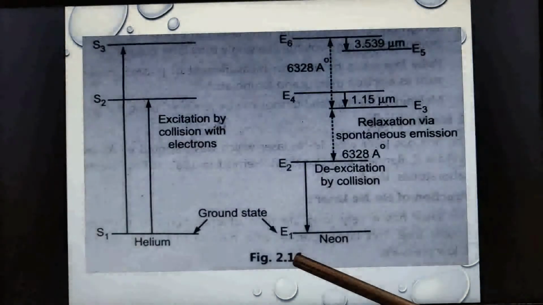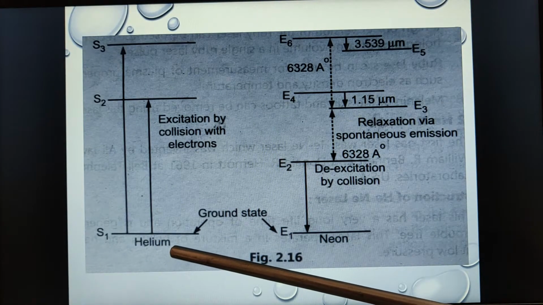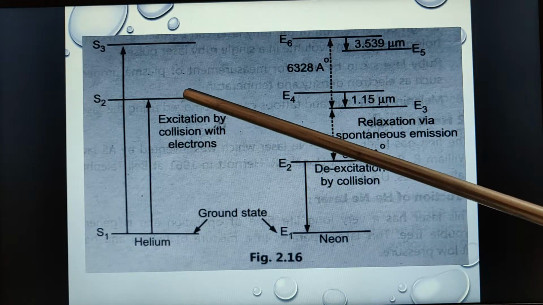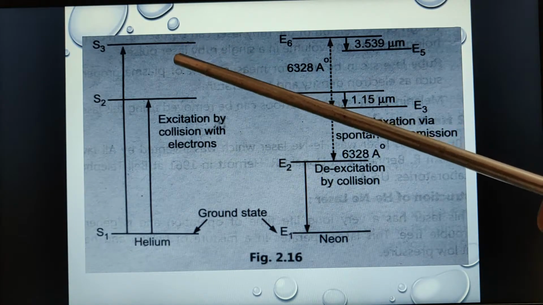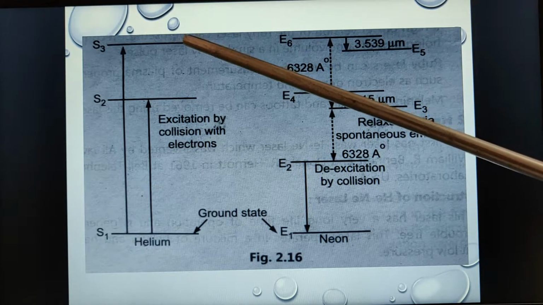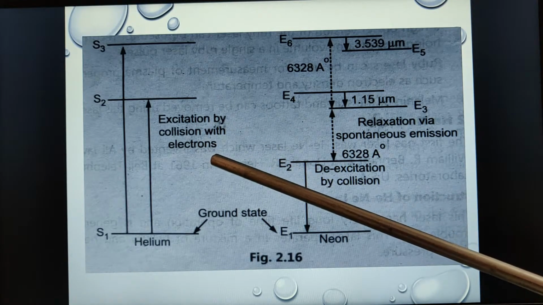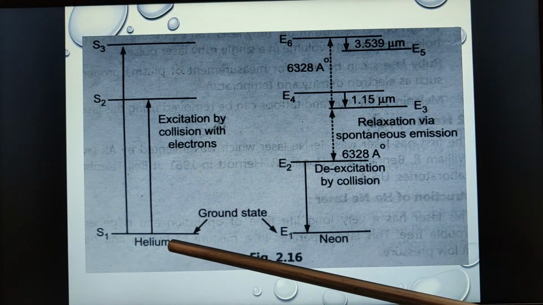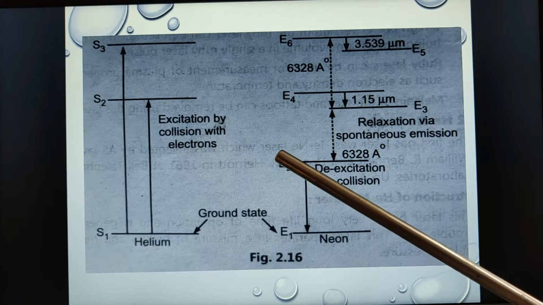So in the diagram, this first diagram is for helium, which consists of S1 as the ground state, S2 as the excited state, and S3 as the more excited state. So this is excitation by collision with electrons. That means atoms go from S1 to S2 due to the collision.